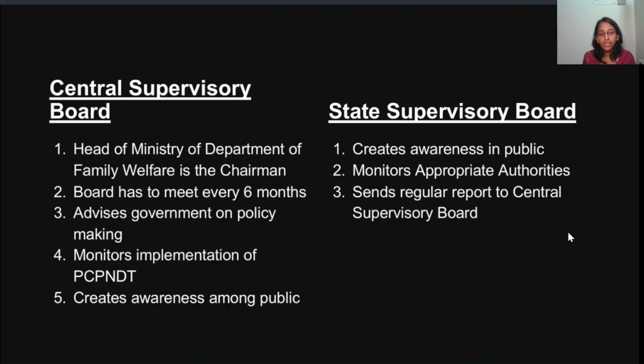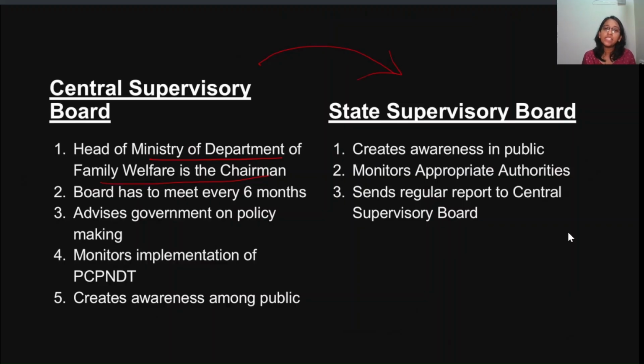The Central Supervisory Board and State Supervisory Board mainly do the policy making. The Central Supervisory Board is headed by the Ministry of Family Welfare, and the head of the Department of Family Welfare is the chairman of the Central Supervisory Board. The board has to meet every 6 months. It advises the government to make policies, and it also monitors whether the government implements the policies.